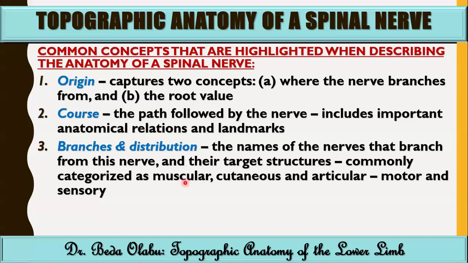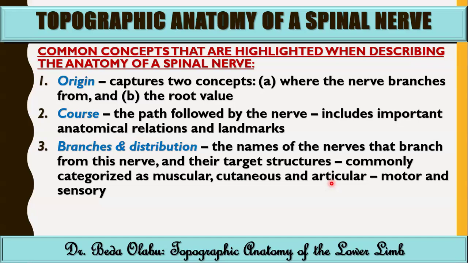Other than the sensory fibers that go to muscles, there are also sensory branches that go to skin. So we call them cutaneous branches. And there are also sensory branches that go to joints or the structures around a joint. We call them the articular branches.